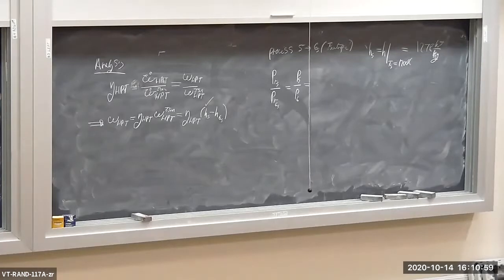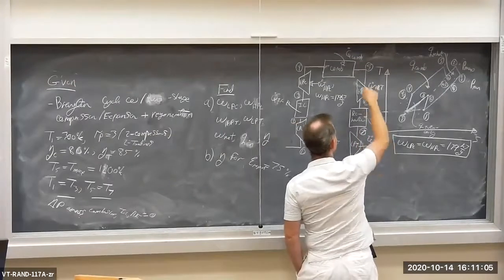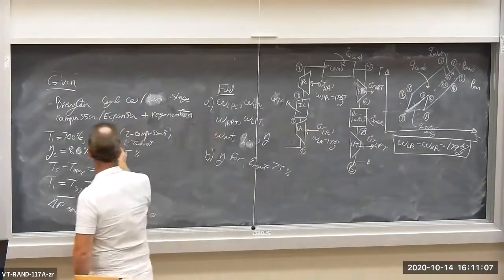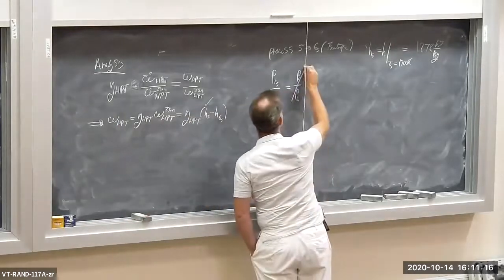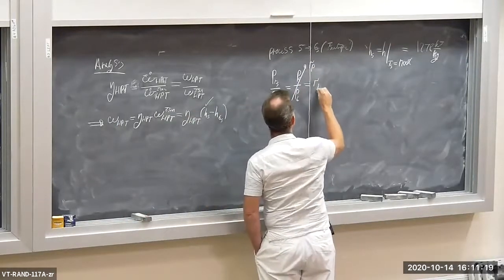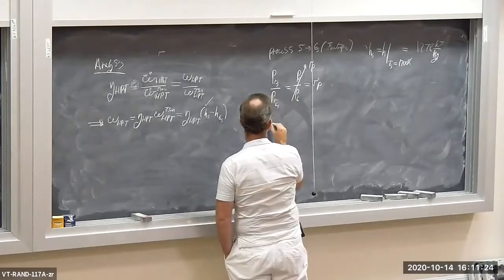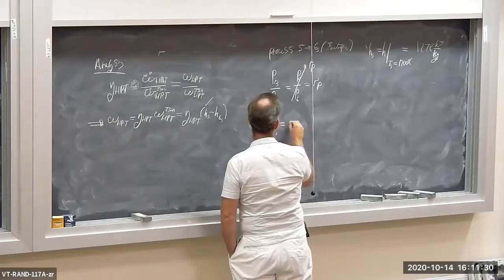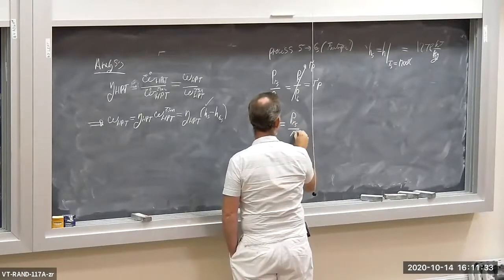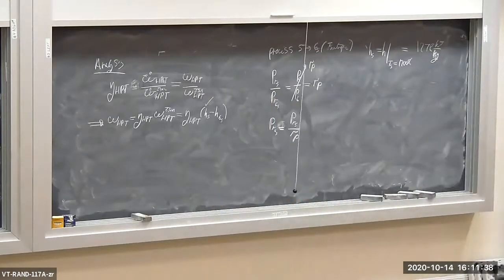P5 is the higher pressure, so P5 is greater than P6, and the pressure ratio across the turbine is 3. We're told that in the problem statement. So PR6 sub s is equal to PR5 divided by the pressure ratio for the high pressure turbine.